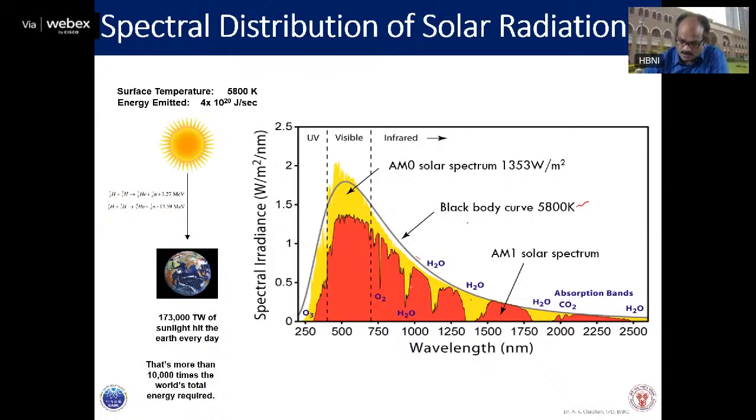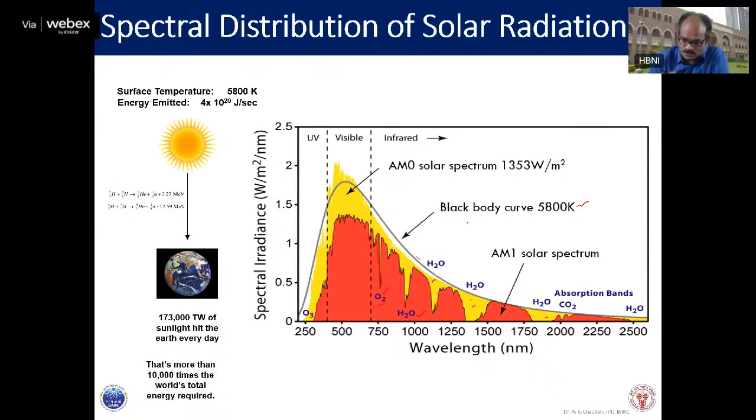So that much energy is absorbed, some energy is scattered. These bands which we are seeing here, like this band, belong to absorption by oxygen, this belongs to absorption by hydrogen, and these are also the absorption due to hydrogen, carbon dioxide and oxygen. And this part and the lower part is the ozone, which absorbs in the UV part.